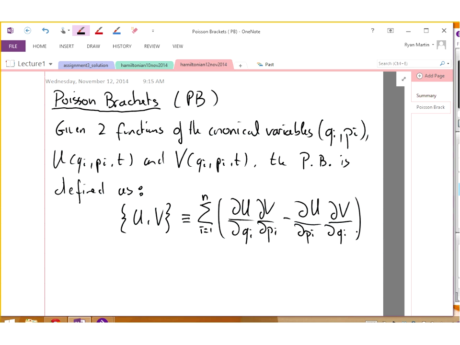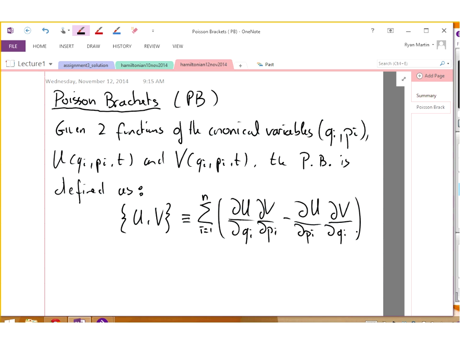Okay. So the q's and p's could be x's and p_x's, for example, and the u's and v's could be H's or L's or V's or any other function. This is actually quite an annoying equation if you were to write it out over the sum, right?